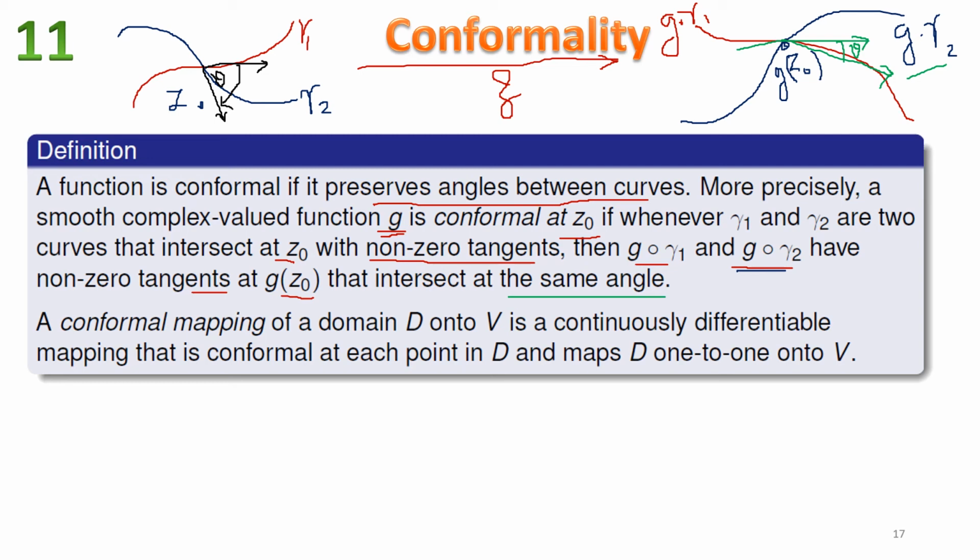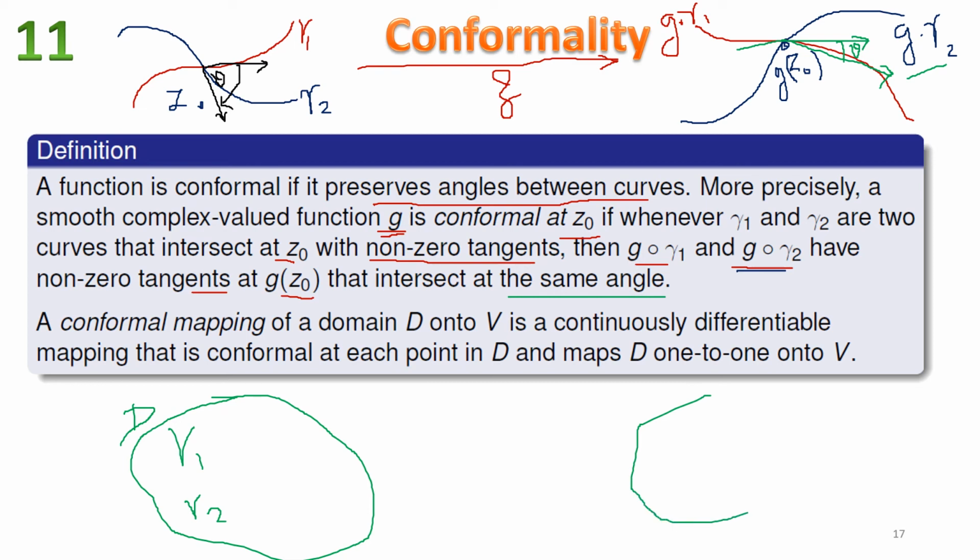Conformal mapping in the domain D, let us suppose that this is the domain D, which is for gamma 1 and gamma 2. And imagine a region V on which the mapping is taking place, and in this region V we have g operated on gamma 1 and g operated on gamma 2.